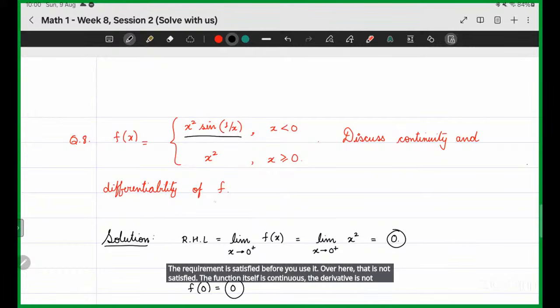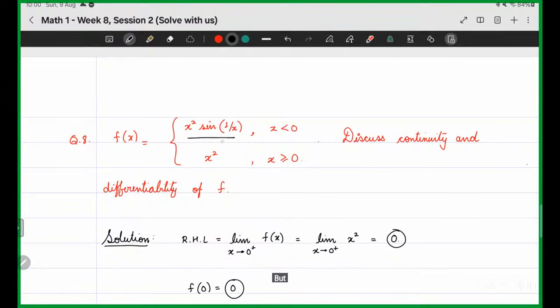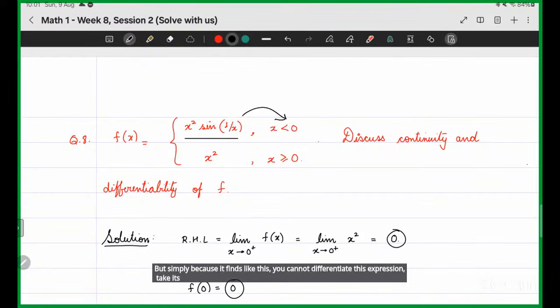So it has certain behavior to the left, it has certain behavior to the right. But simply because it's defined like this, you cannot differentiate this expression, take its limit as you go to 0 and expect it to be the derivative. You don't have a justification to do that.